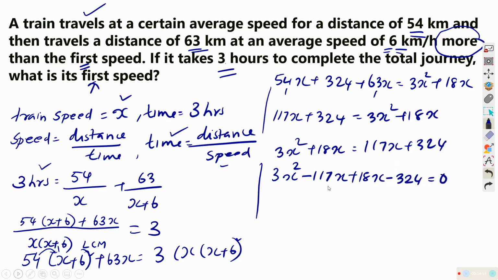This is equal to 99x. So 3x square minus 99x minus 324 is equal to 0.